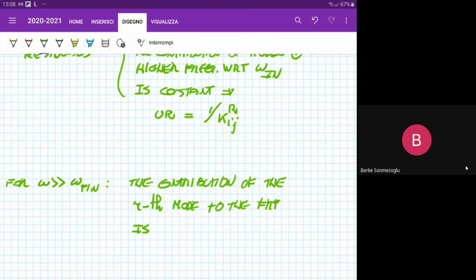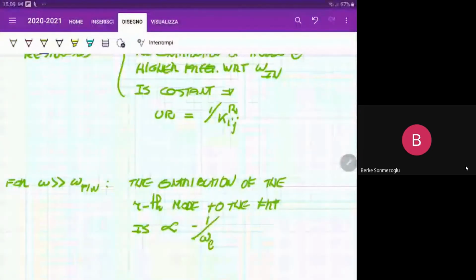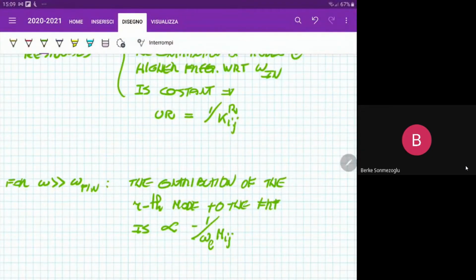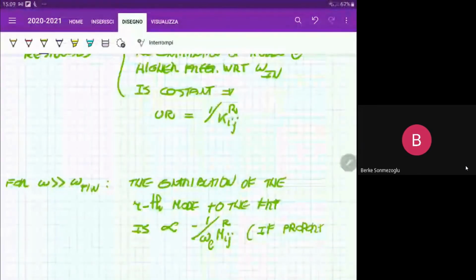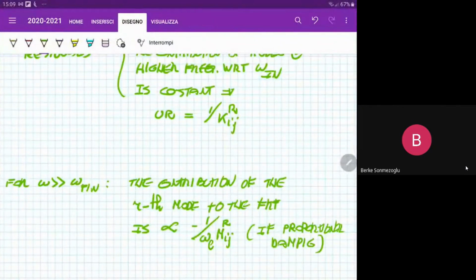So it is proportional to negative 1 over omega squared times the mass corresponding to degrees of freedom that we are considering in a rigid way, if we are having proportional damping, just to have a model.